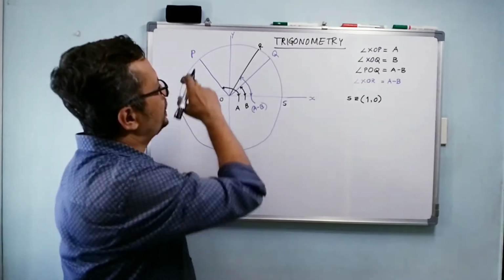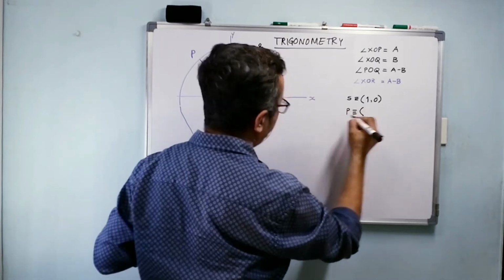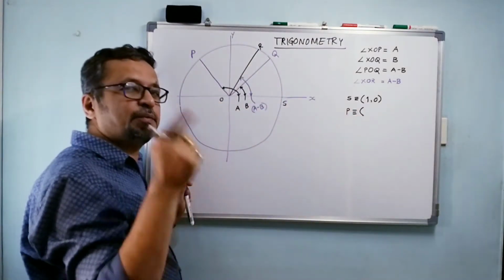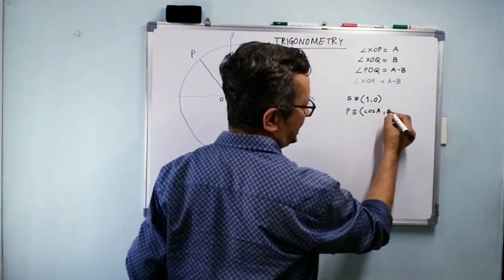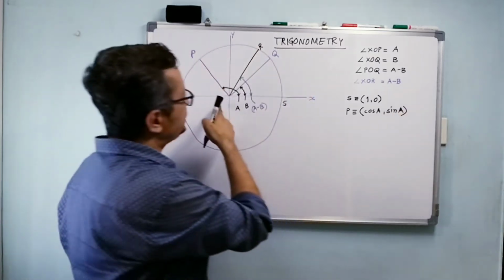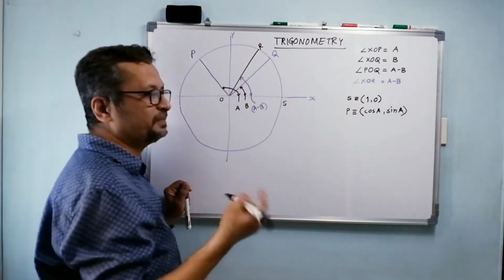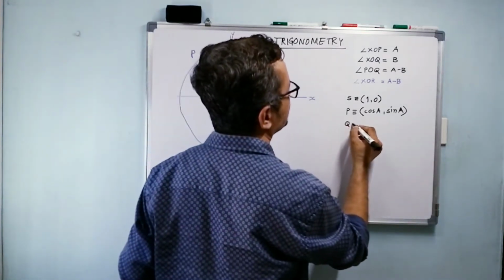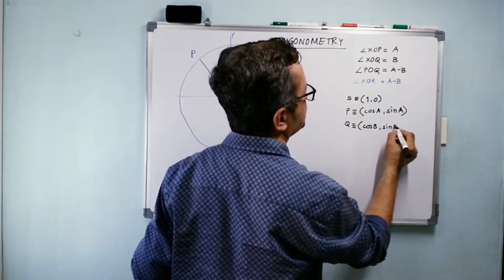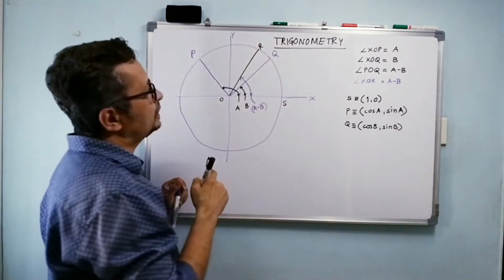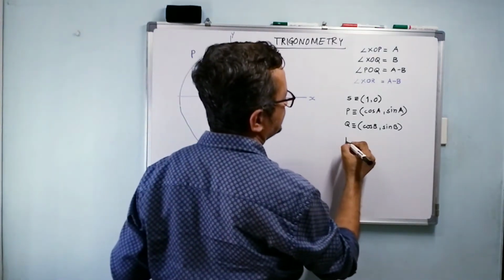So now here, my coordinates for P would be, now angle made by P with the positive x-axis is A. So my P would be cos A, sin A, and my Q, that angle made by OQ with positive x-axis, it is B. So my Q is going to be cos B, sin B. Okay, angle made by OR with the positive x-axis.